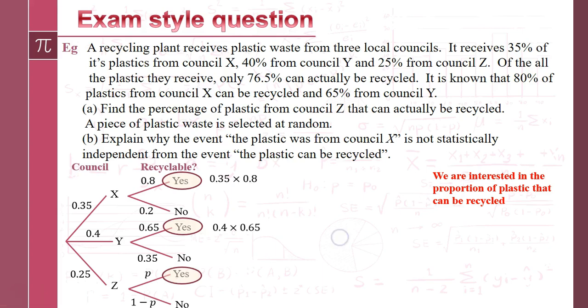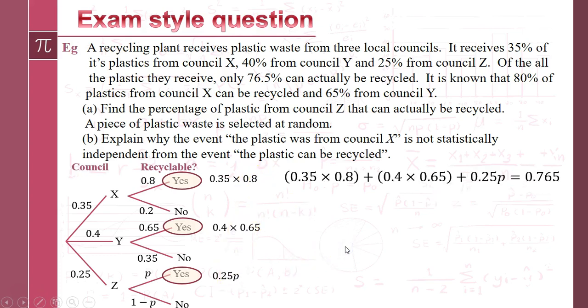We've got those calculations there, and clearly one involves our variable, 0.25p. We're told that if we add these three things together, we get 76.5%, so it turns into that calculation. Now I've got a simple equation I can solve in terms of p, do a bit of tidying up, a bit of rearranging and solving. It turns out that 90% of the plastics from Council Z can be recycled.